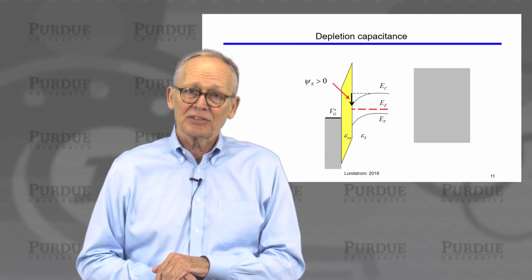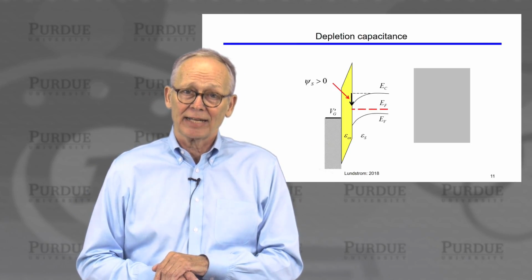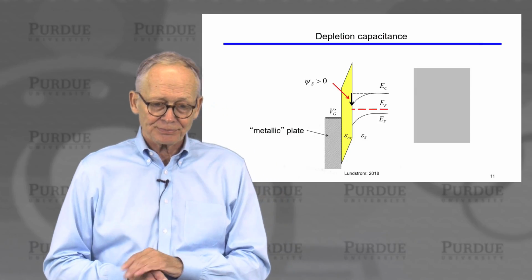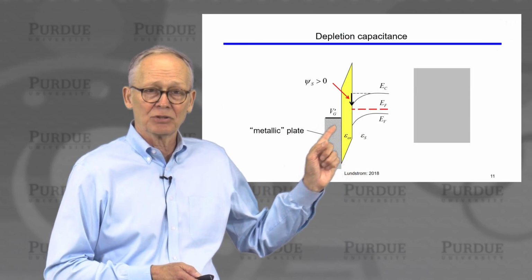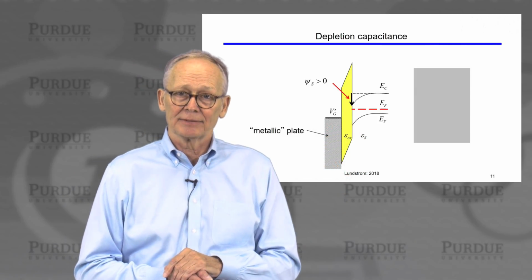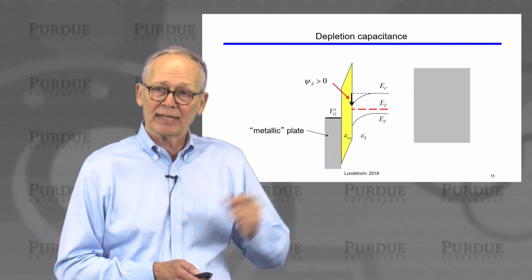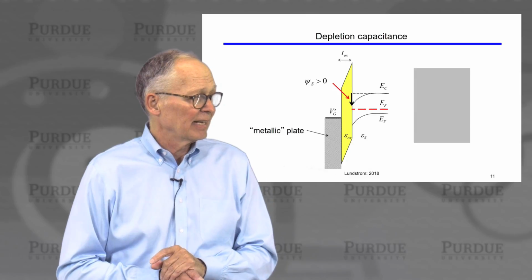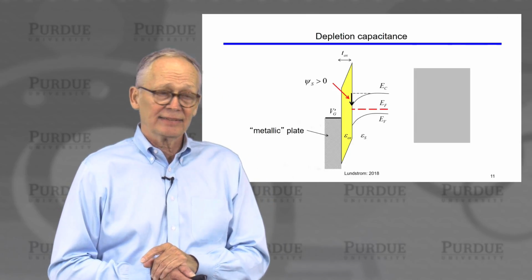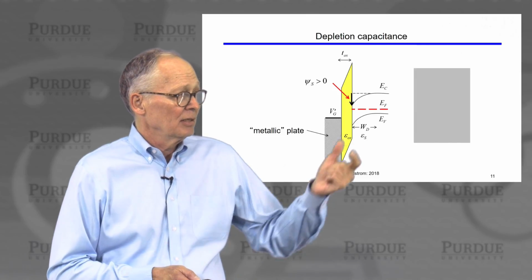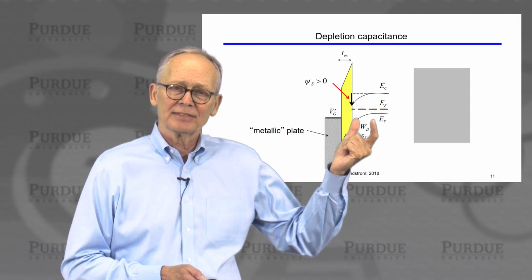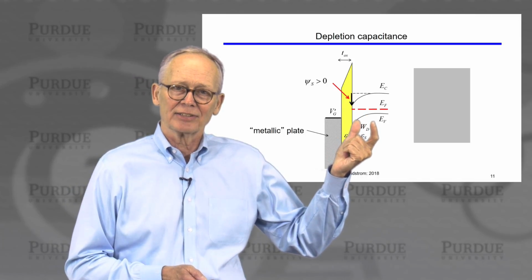All right, now let's take a look at what we have in our MOS capacitor. We have a gate electrode. This is a metallic plate. We have one insulating layer here. This is our oxide layer. Okay, that has a thickness Tox. We have another layer that is depleted of mobile charge carriers.